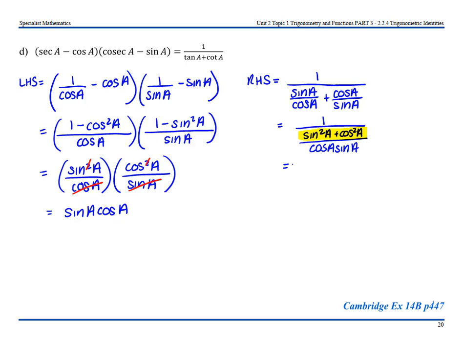So that's going to end up being 1 over cos A sine A, which is just cos A sine A. And now they're equal, so left-hand side equals right-hand side. So I am done.